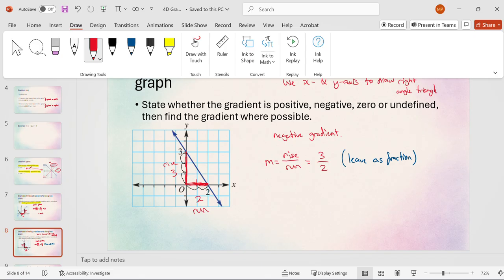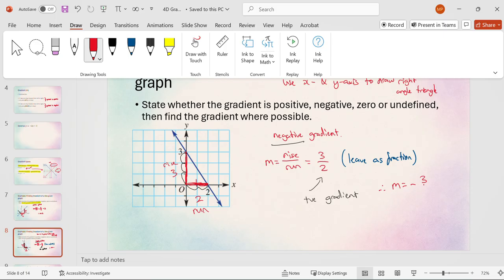But have a look at what I found. I've found that this is a positive gradient, though. But earlier, we established that it was a negative gradient. So what do you reckon I should do? I should, in fact, put in a negative sign.